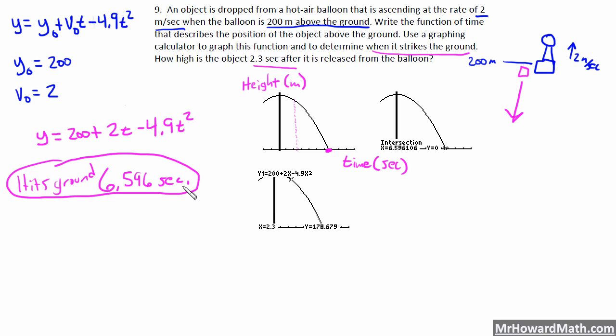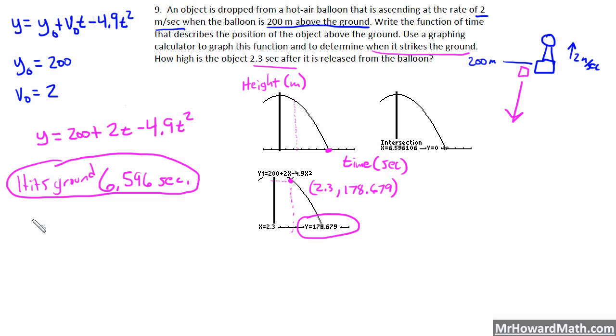So here it is right here. We're at this point right here. So that coordinate right there is 2.3 comma this value right here, 178.679.